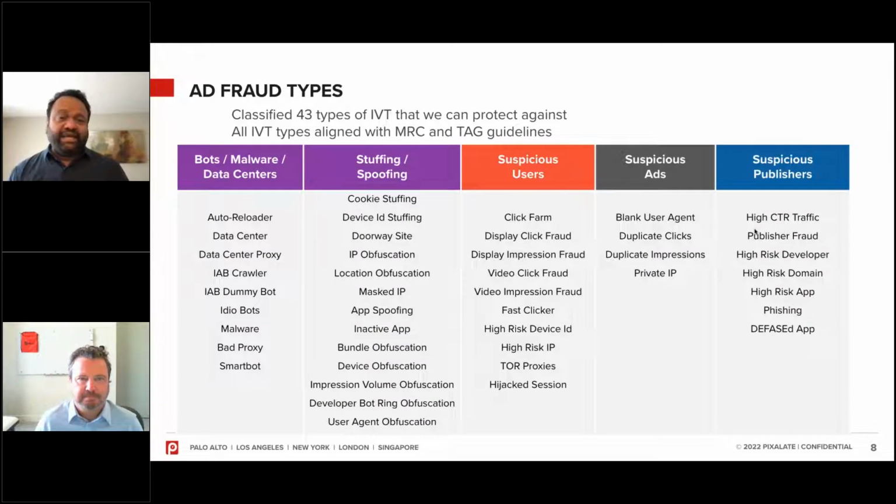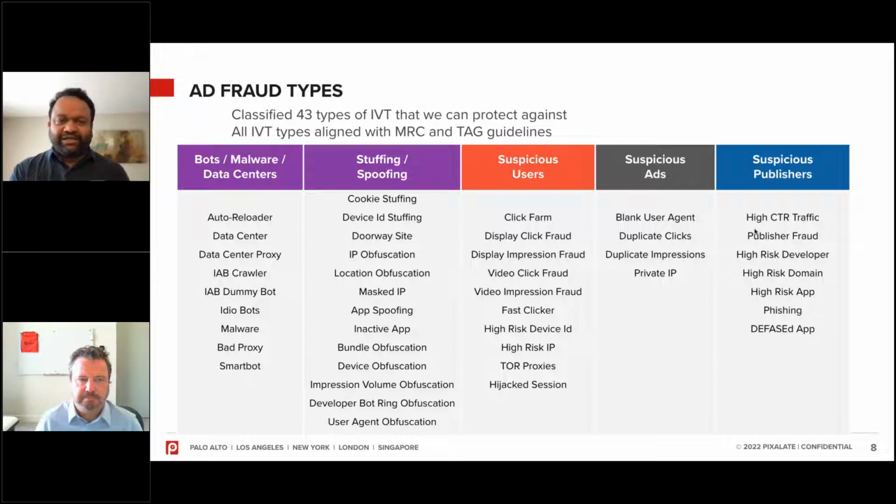And this is, I think, a good representation of the size of the problem, also in some sense. These are the set of IVT types that we can protect against for our customers, and all of these IVT types are aligned with what the MRC and TAG guidelines specify.